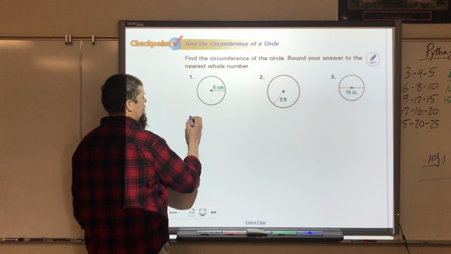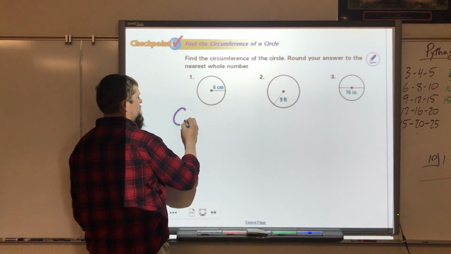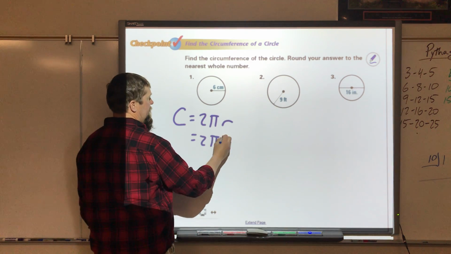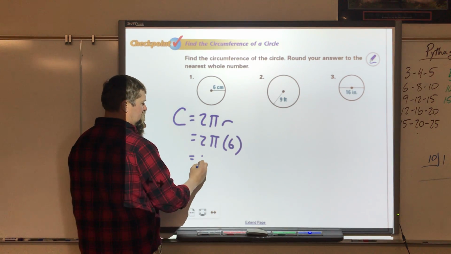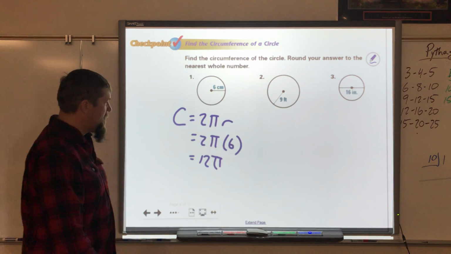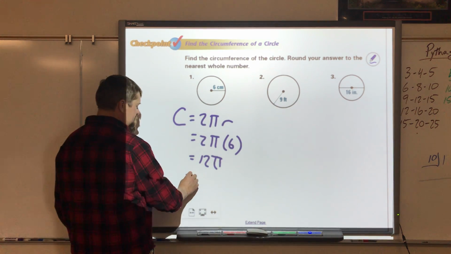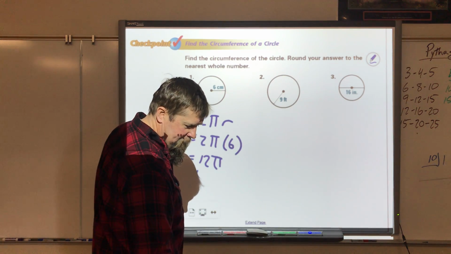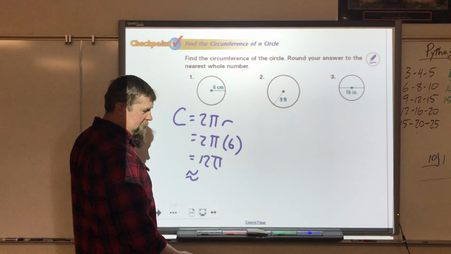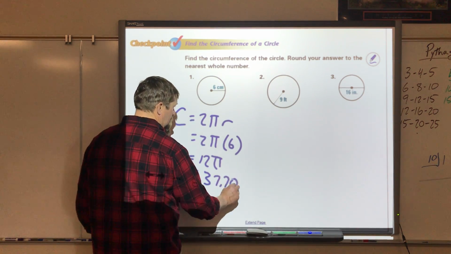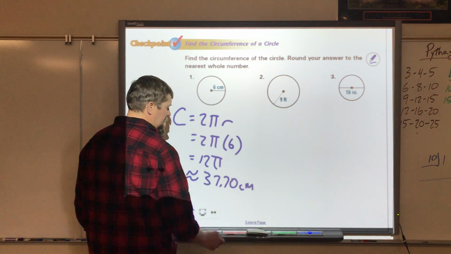Okay, welcome back. So we know that C is equal to 2 pi r, which is 2 pi times 6, which is 12 pi. All I did was multiply the 2 times 6. So this is approximately, if I use 12 times the pi button, I get 37.70 centimeters.